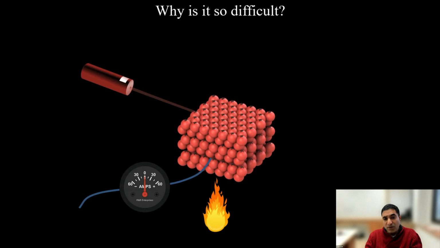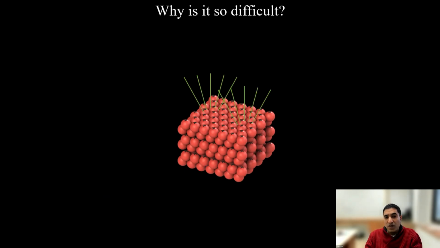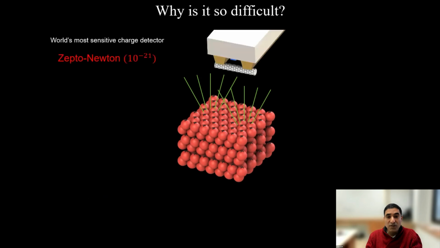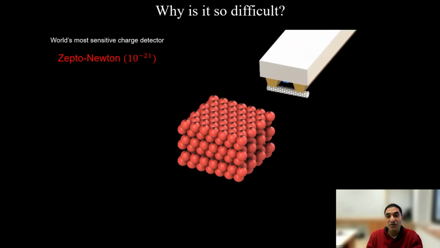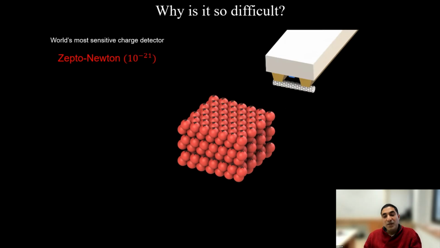I'll give you an example from my lab, where we image the electric field that these electrons produce using a very, very sensitive detector that can sense 10 to the -1 newtons, which makes it very easy for it to see even the field of an individual electron. And when you scan it across a sample, you basically get pictures of how electrons are organized in space.